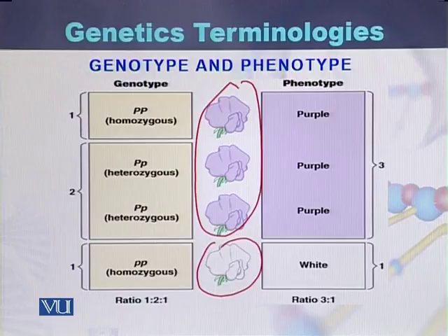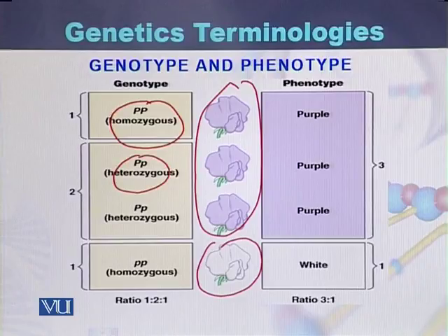While if we say that purple color has two types of genotype, one is homozygous, capital P and capital P, while this plant is heterozygous, one capital P and one small p. So purple color has two types of genotypes, one homozygous and the second heterozygous.